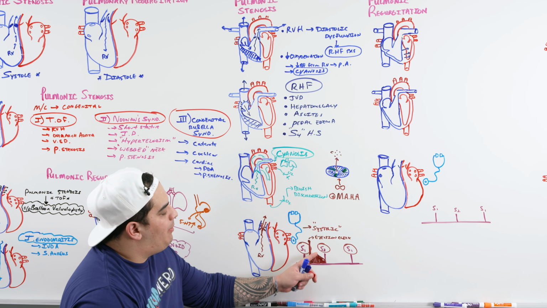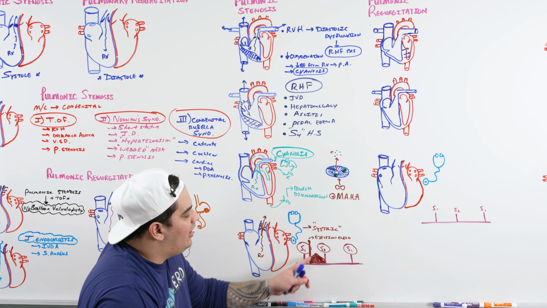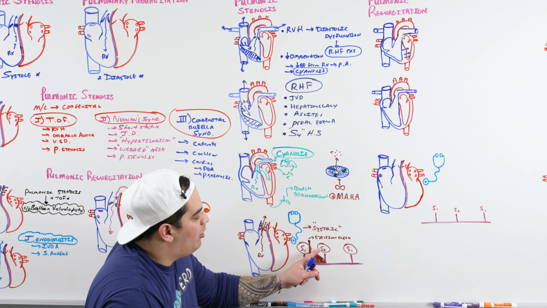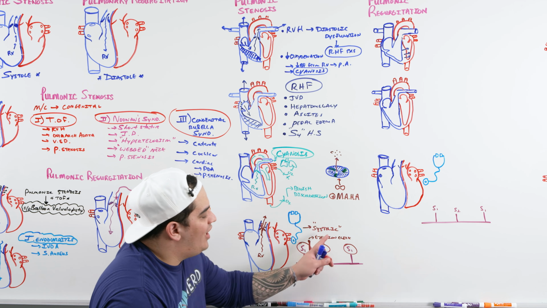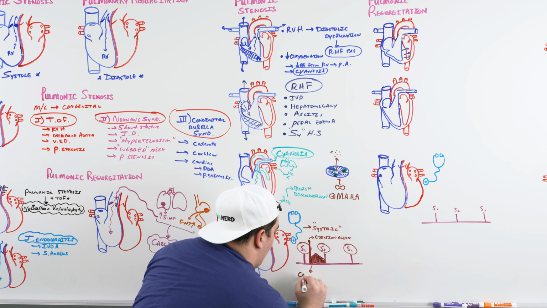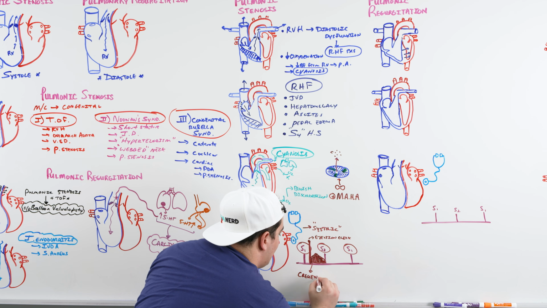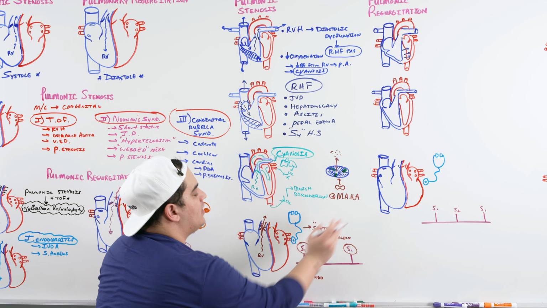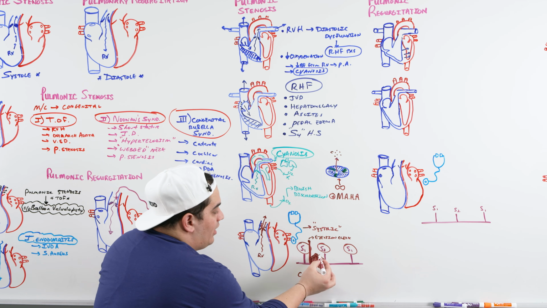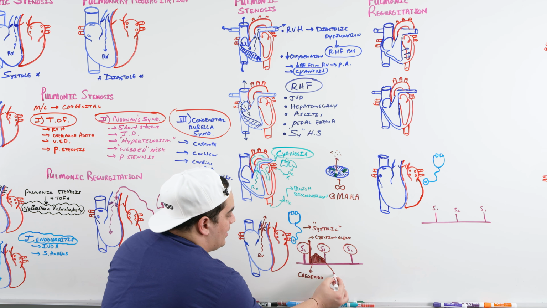When the sound is going up, where there's a rising or increase in the intensity of the sound right after the click as it passes through the pulmonic valve, that's called crescendo. So this part here is called crescendo because it is increasing in intensity as the blood flows across the pulmonic valve. And then as less blood is leaving the right ventricle, the sound should actually decrease in intensity.